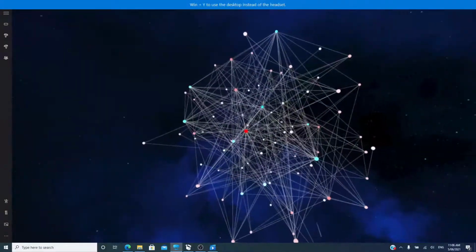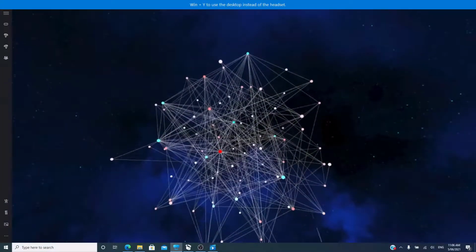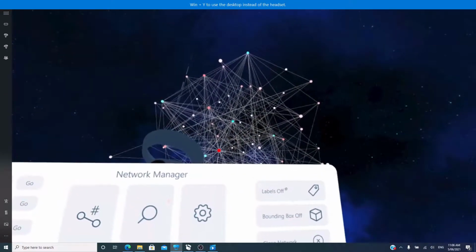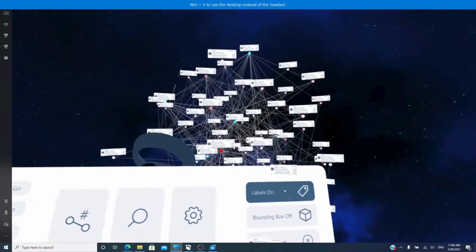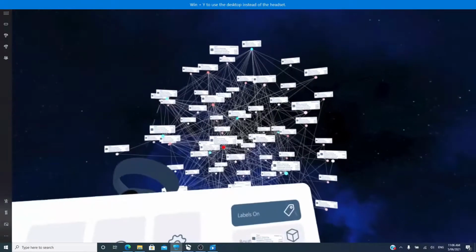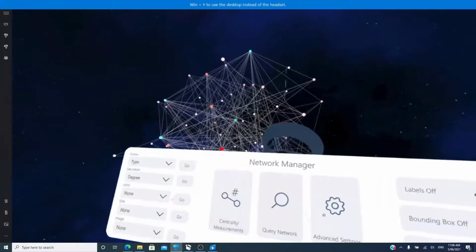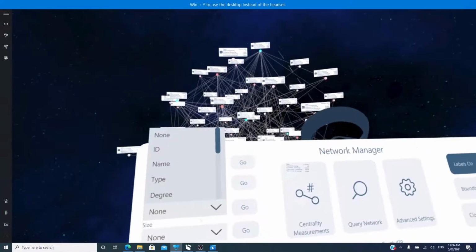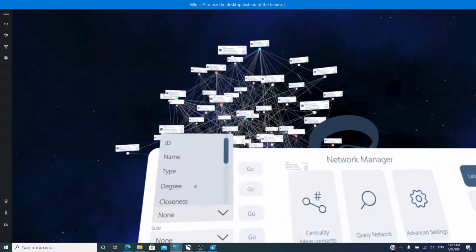The third is label. On the right-hand side, we can see how to turn it on and off. The user is able to turn on labels for all nodes. And on the left, let's see the labels Aroaro uses. The user can only select one attribute to be shown on the label.